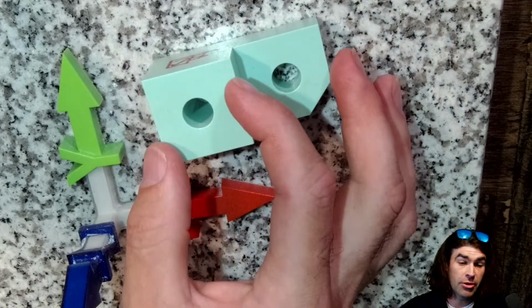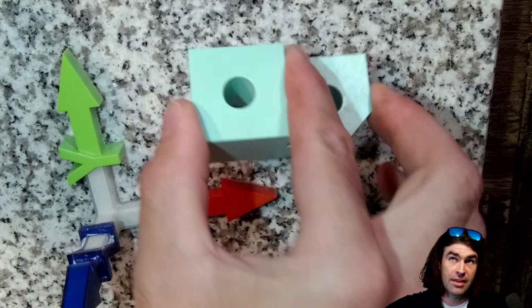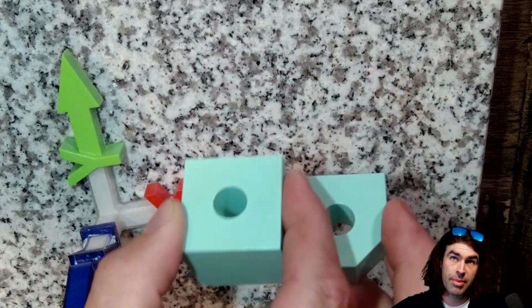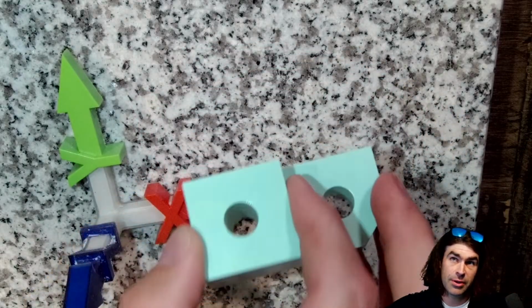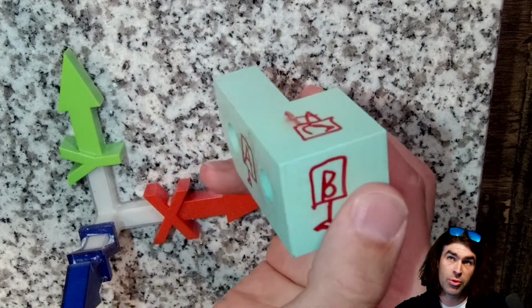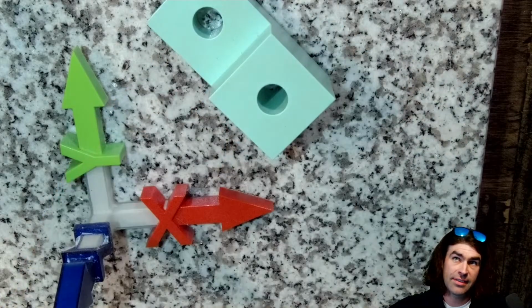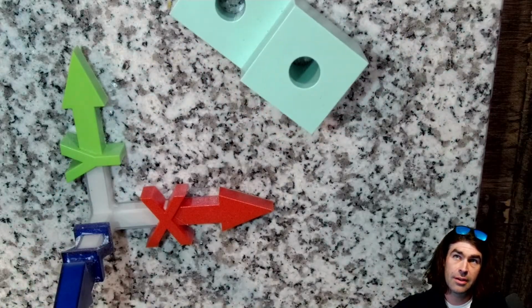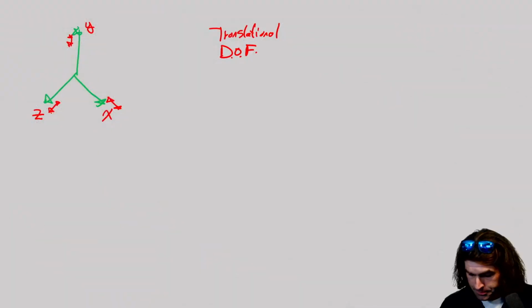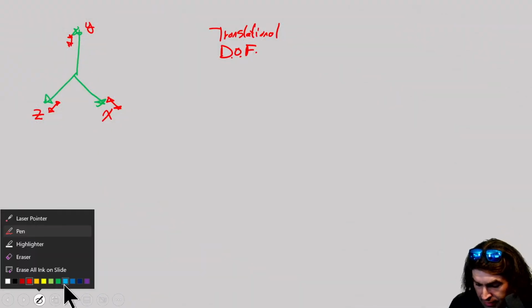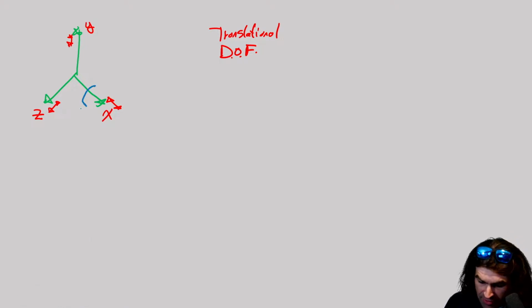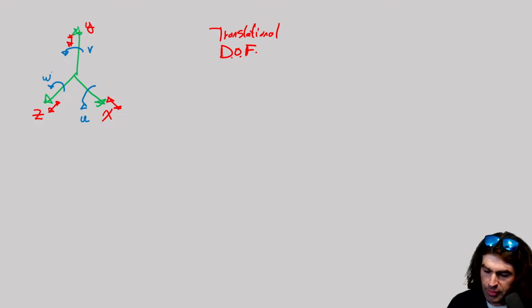Rotation, which I'm going to draw on our board in a second, is this. We have rotation about x. So if this is sitting on the x-axis, we can rotate it. We can rotate about the y-axis. And rotation about the z-axis is this. Okay. So with that in mind, we have rotation about x, which is little u, rotation about y, which is little v, and rotation about z, which is little w.